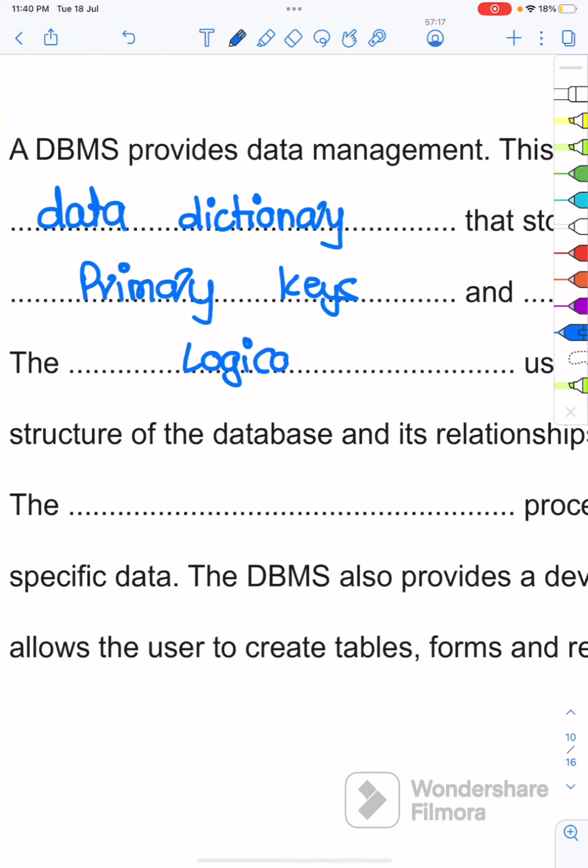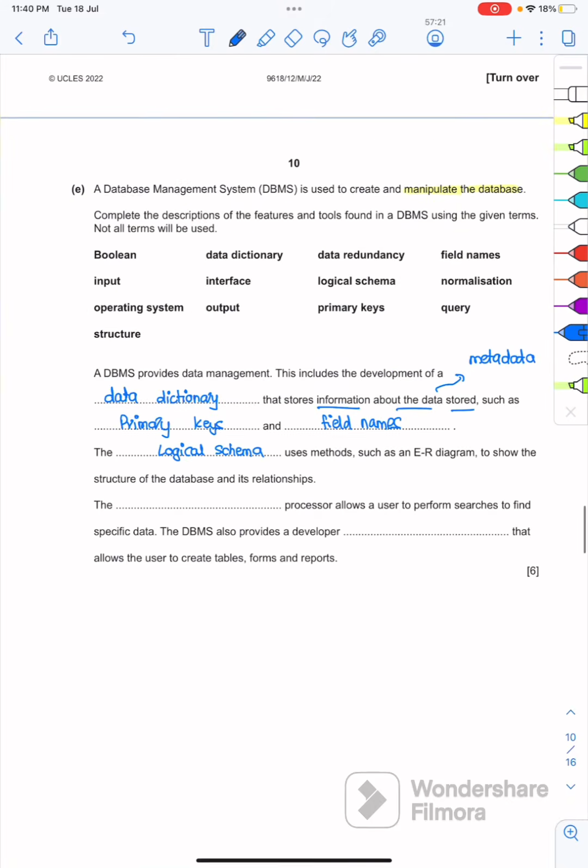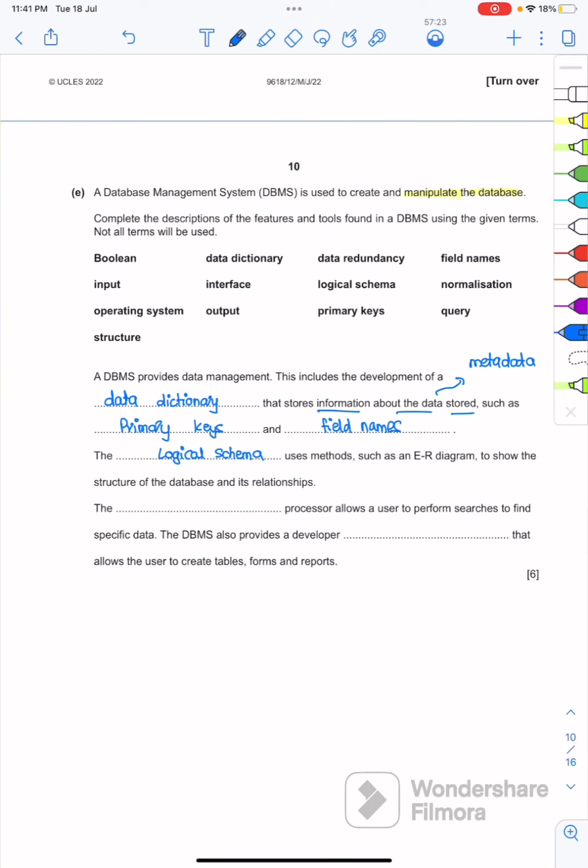And even if you're not aware of this being logical schema, you can perform a hit and trial method on this, and you can see that you end up with logical schema more often than not. It's not going to be the output. So the ability of using the options given to you and cancelling out the wrong ones can also be very useful in paper 1.